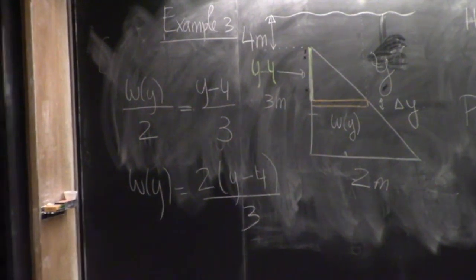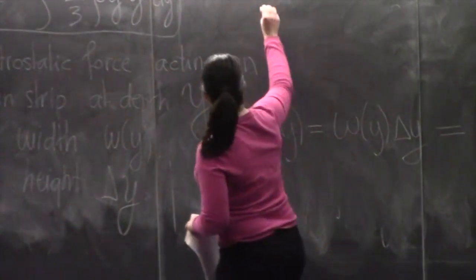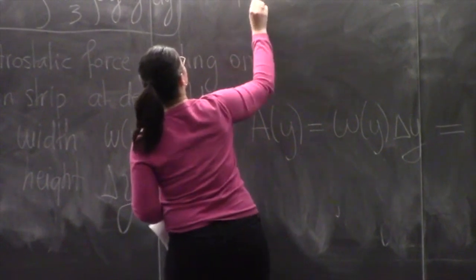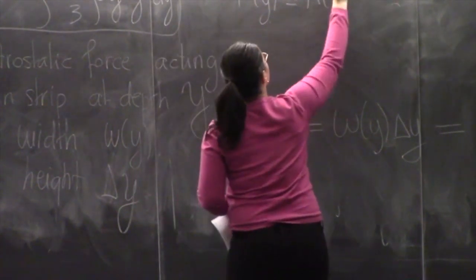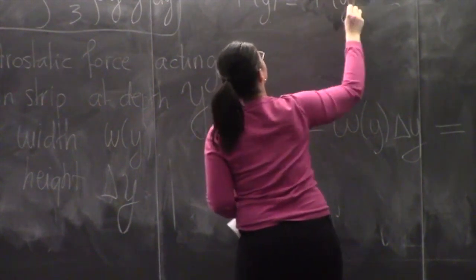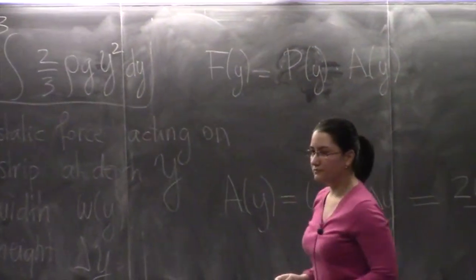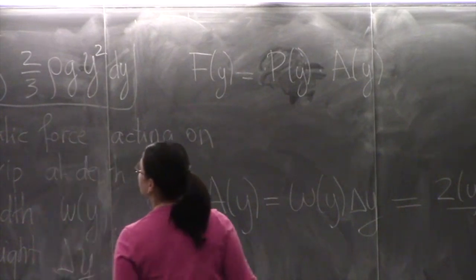Okay, so the hydrostatic force acting on the thin strip is going to be, as before, the area of the strip times the pressure. The pressure hasn't really changed, so it's just rho g y.